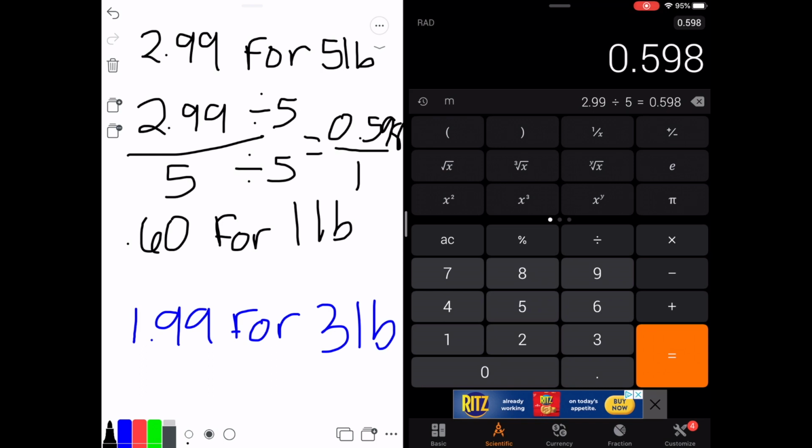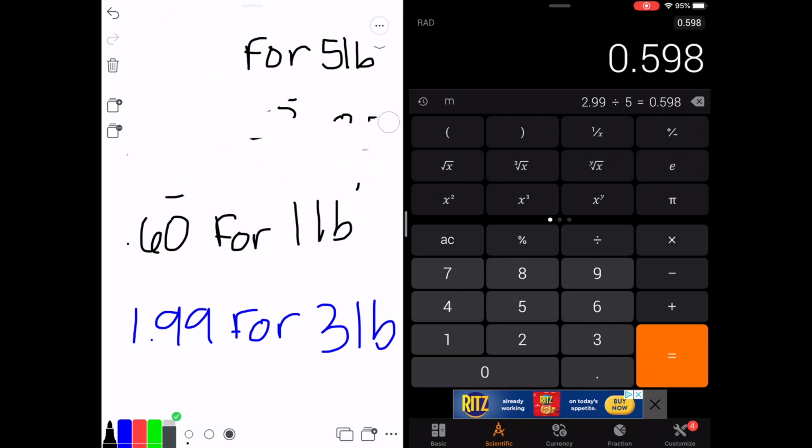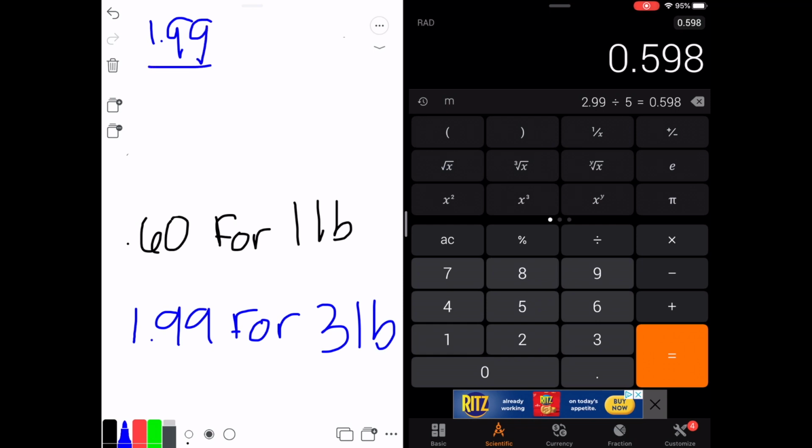All right, so let's see how that compares to Walmart. So I'm going to go ahead and erase all this so I have some space. All right, or $1.99 for 3. So let's write that as a ratio in the form of a fraction. $1.99 to 3. So same idea. I want to know how much 1 pound costs so I can compare them, because since they started out at different weights, it's hard to compare them.